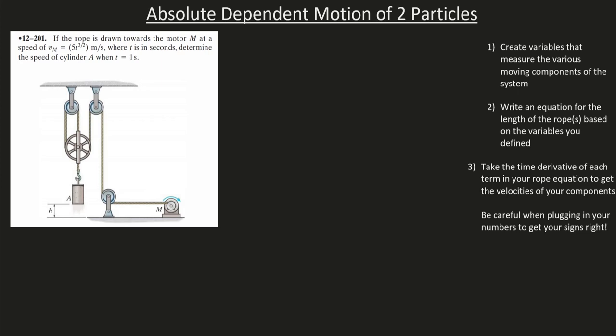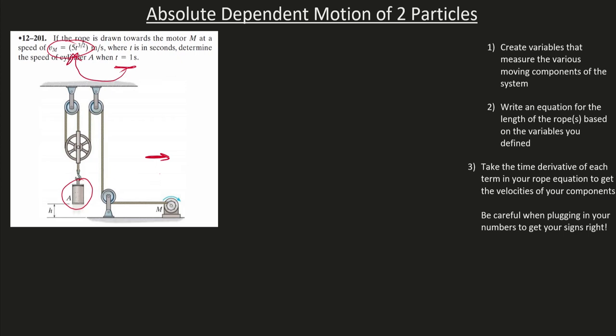Alright, so we'll do another example here. So we have a rope down here who's drawn towards the motor this way at a speed given by this equation, and we need to determine the speed of cylinder A when t is equal to 1. Well, we basically just plug 1 into this equation.